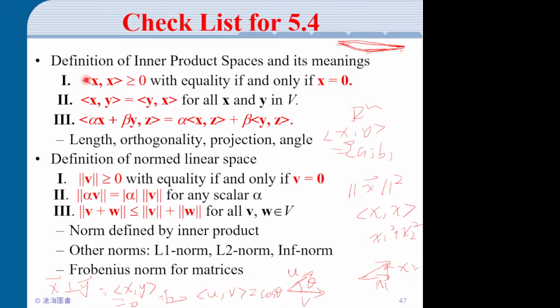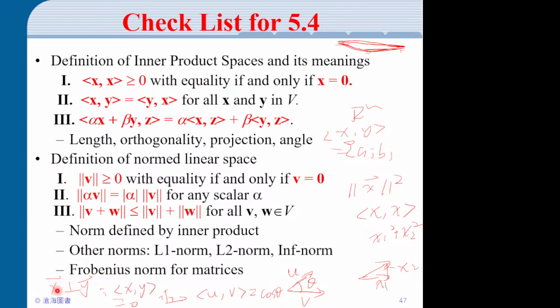And this will help us define a norm from the inner product. X inner product with Y is symmetric, the same as Y inner product with X, and the inner product is linear in the first element. From the inner product we can first define a norm: the length of a vector is the square root of its inner product with itself. Then we can define the angle between two vectors.